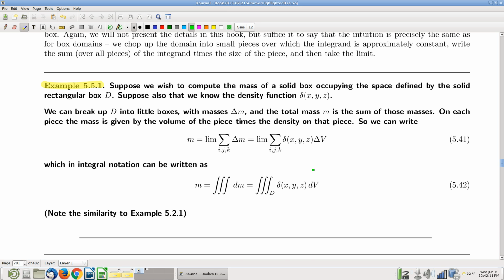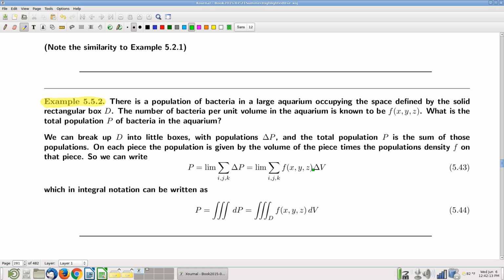Okay. All right. Morally equivalent example. Suppose you know the population density, the number of bacteria per unit volume, inside of an aquarium. Well, the total population of bacteria is the sum of the populations in each little region that you break it up into.